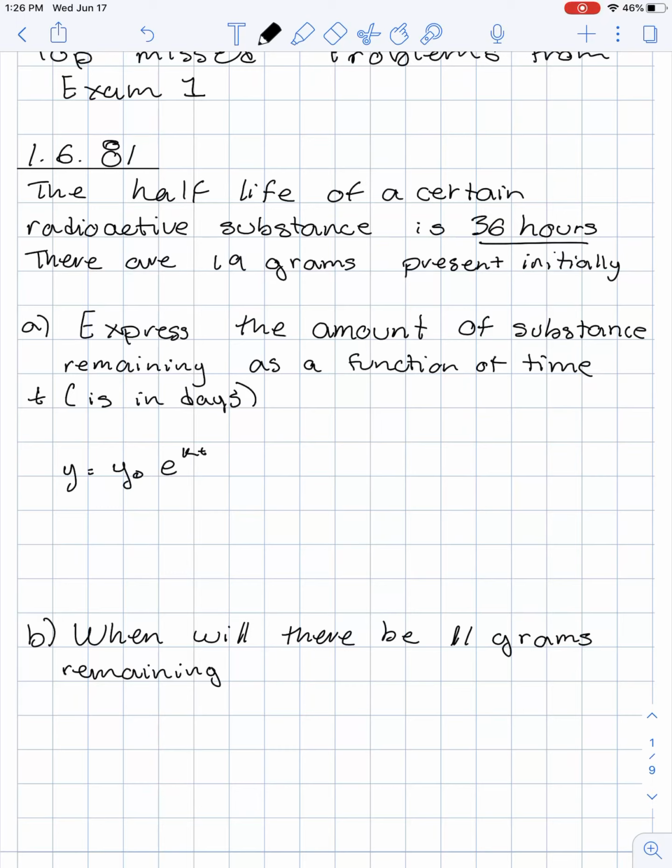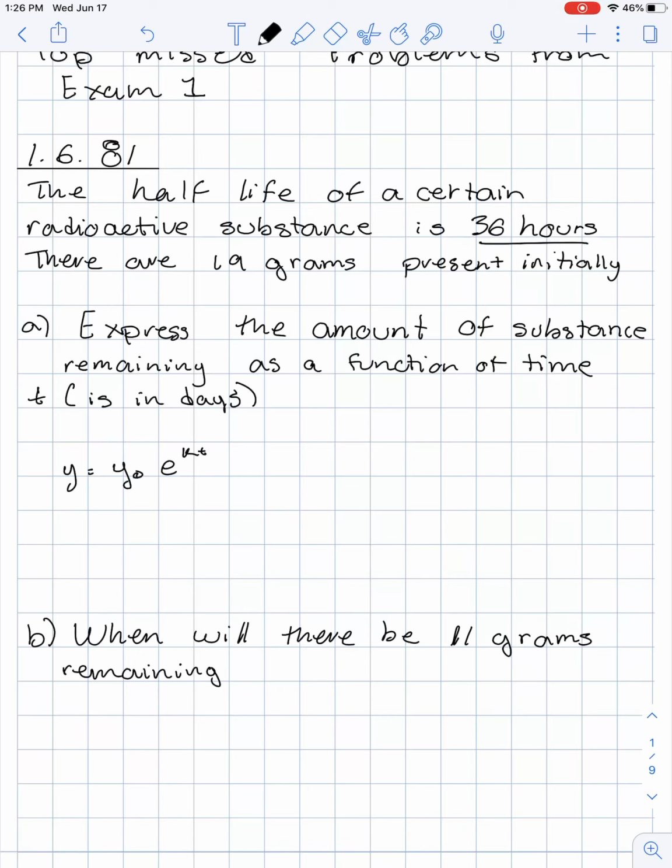The reason we're using this one and not the 1 plus r form is because the radioactive substance is continuously there. It's kind of similar to compounding continuously. I'm always going to have some part of the substance that is going to decompose.